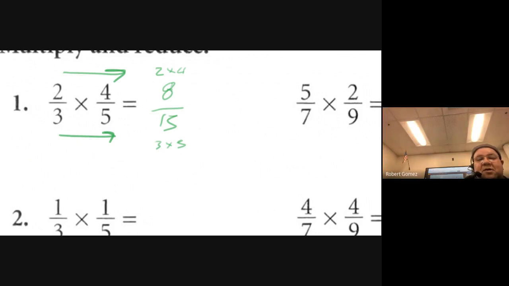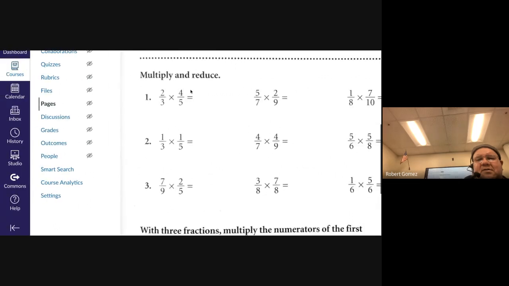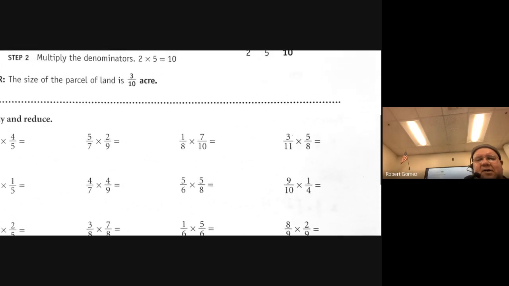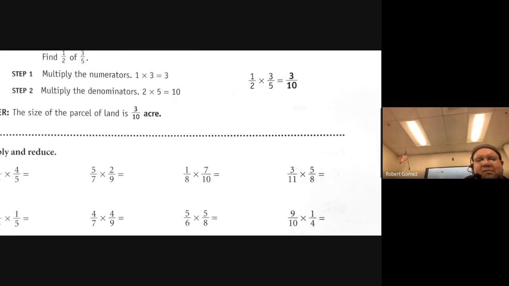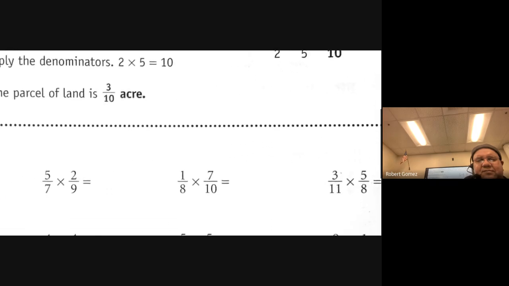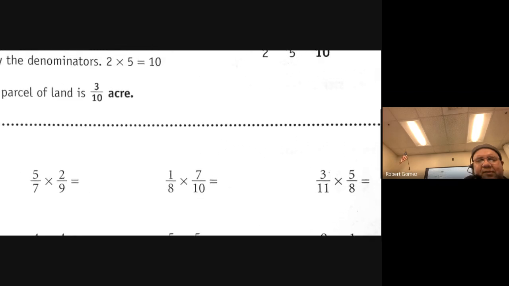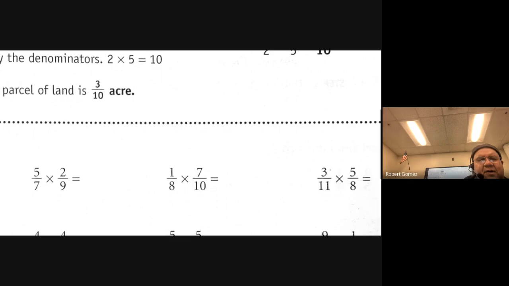Okay, so I'd like you to do the rest of these three, just the ones you see right here.